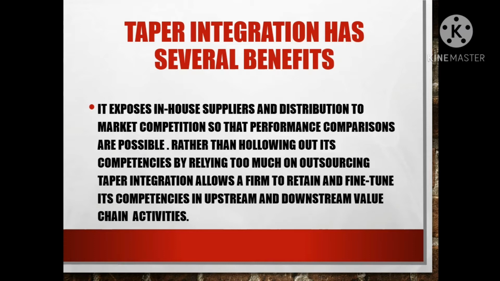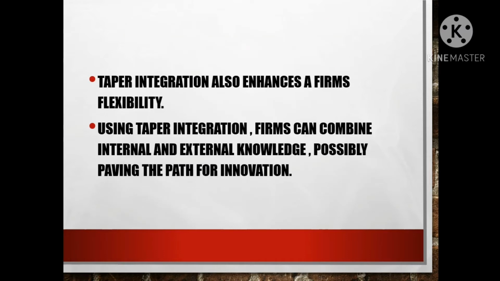Taper integration allows a firm to retain and fine-tune its competency in upstream and downstream value chain activities. Taper integration also enhances a firm's flexibility. For example, when adjusting to fluctuation in demand, a firm could cut back on the finished goods it delivers to external retailers while continuing to stock its own stores.